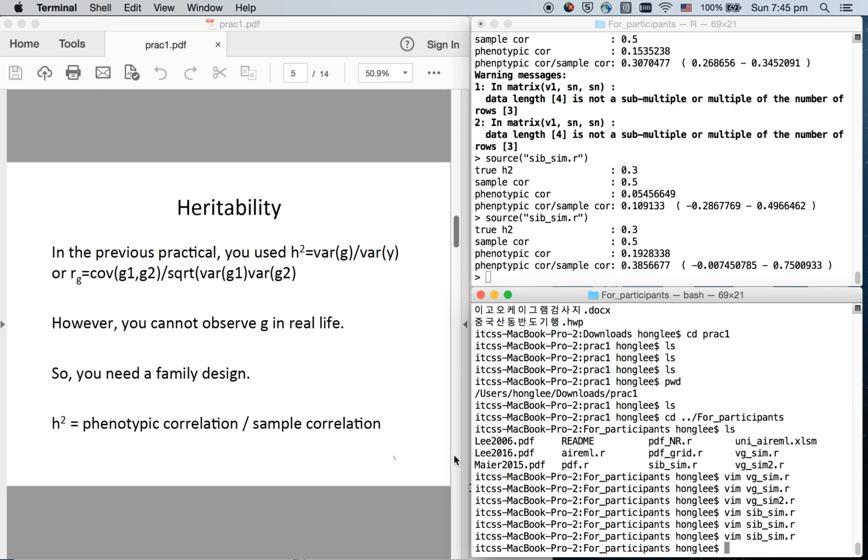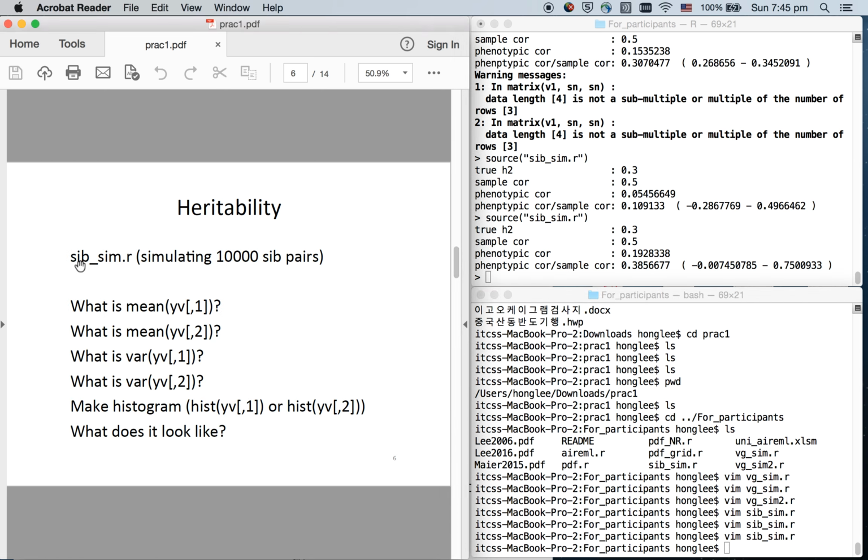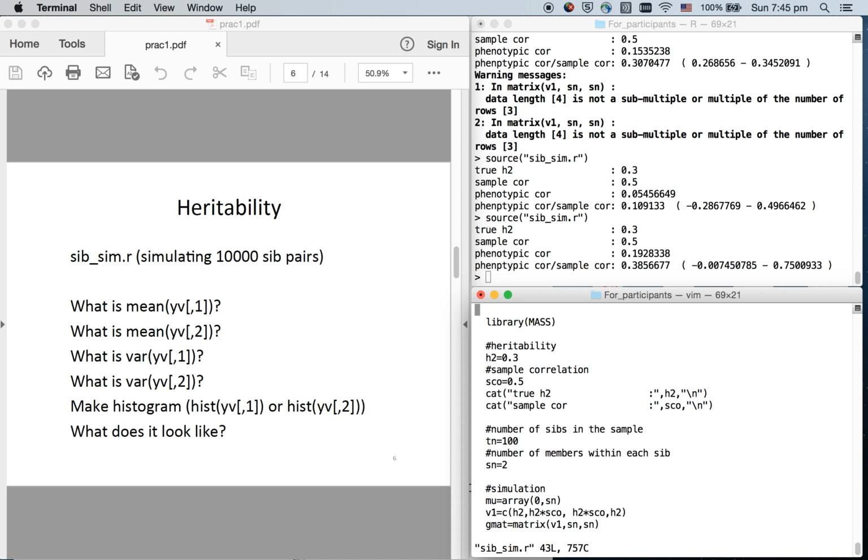So let's have a look at the code in the sheet, simr. Probably before you start, you want to change the total number of sib pairs. In this case, sib pairs is 10,000.